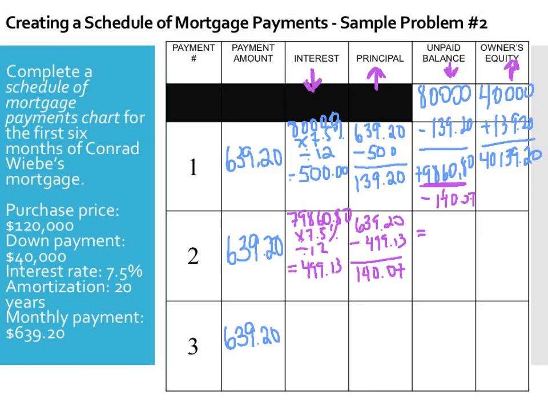That gives us for this month 79,720.73. And for our owner's equity, we add this month's 140.07, and for this month it comes to 40,279.27.